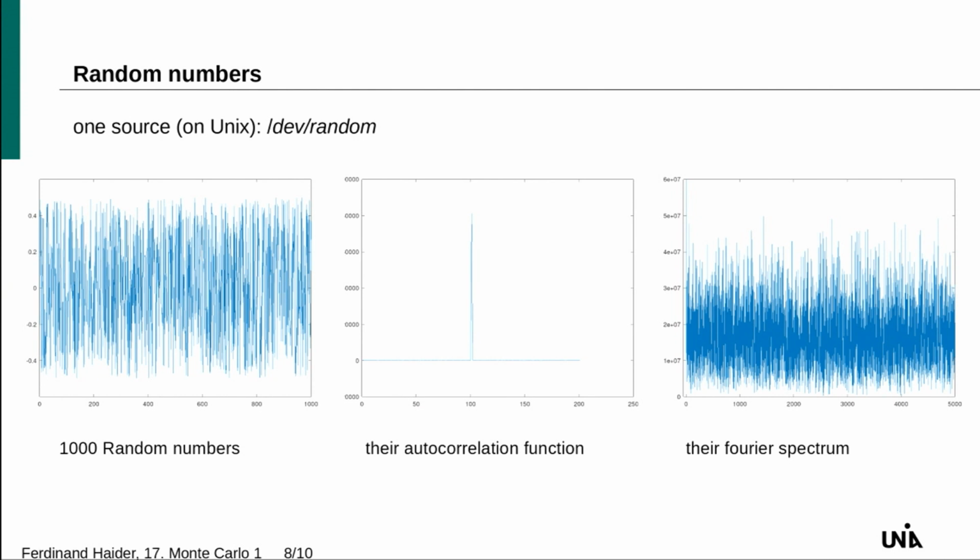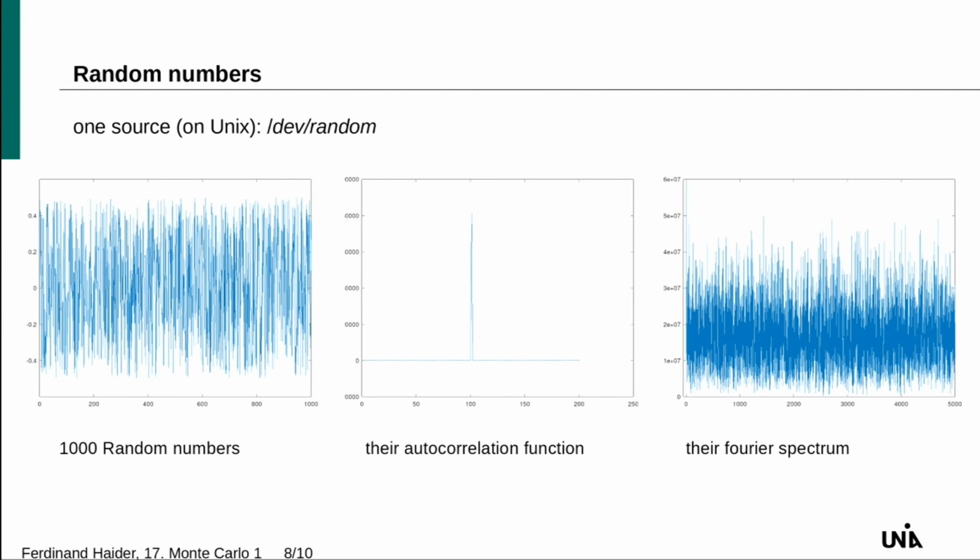One way would be to use real physical random numbers. One could use, at least on Unix systems, there is a pseudo device, /dev/random, which generates random numbers. I don't know what they really use, some address or so, which is fluctuating sufficiently.